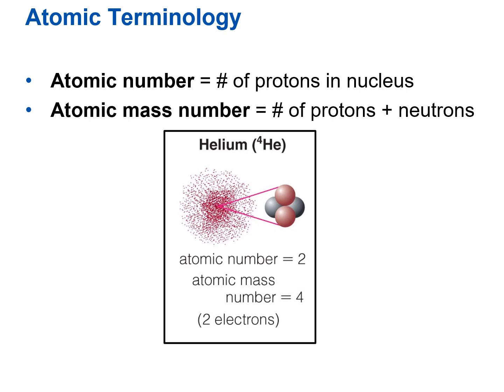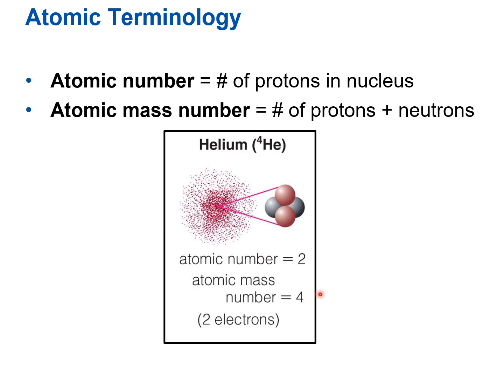Let's look at another example. This is helium-4. Helium is known as element number 2 because its atomic number is 2, because it has 2 protons. You can see in the picture, the 2 red spheres represent the protons and the 2 gray spheres represent the neutrons. So helium, by definition, always has atomic number 2 because of its 2 protons. The number of neutrons can vary.